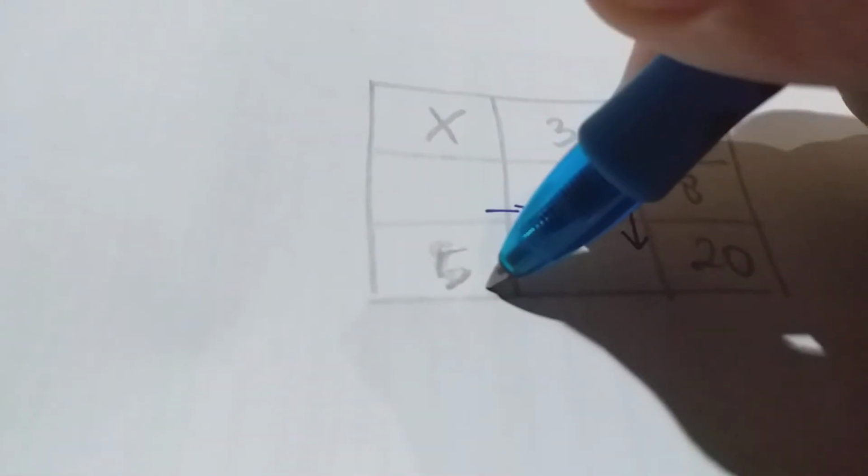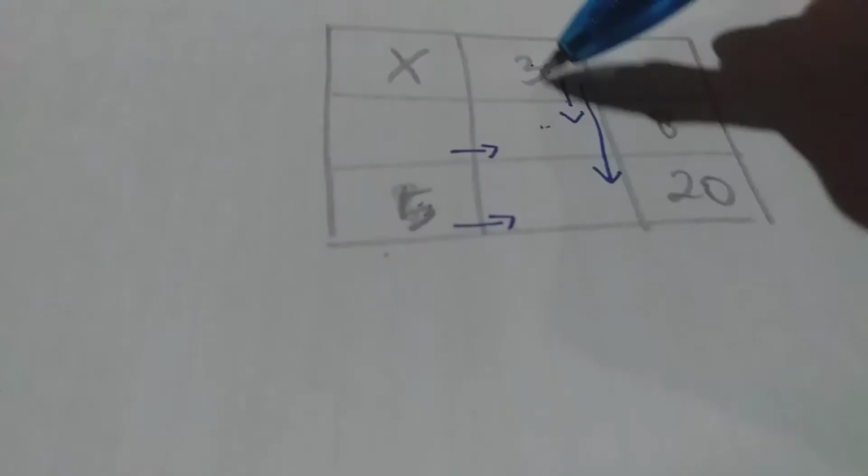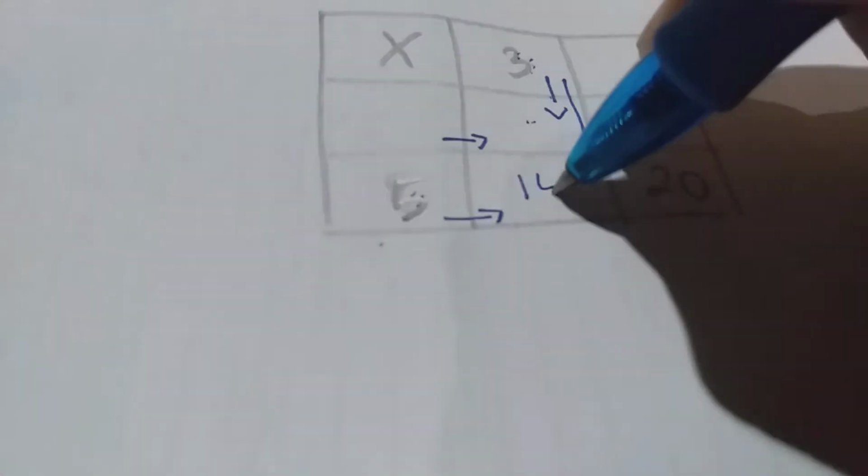Since there is no number, you cannot answer this question. Let's move to here. 3 in this square will meet with 5. So basically you have to answer the one that has two numbers. Here, like this one, 3 and 5 can meet here. So 3 times 5 will be 15.